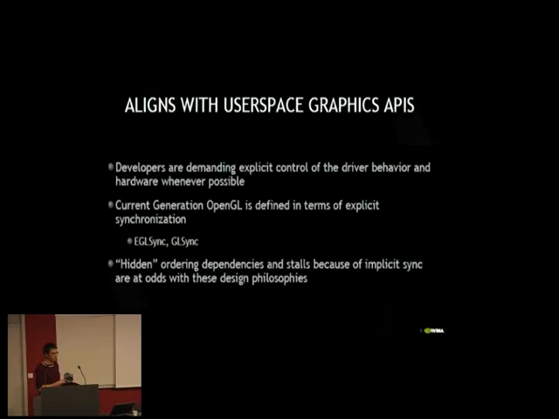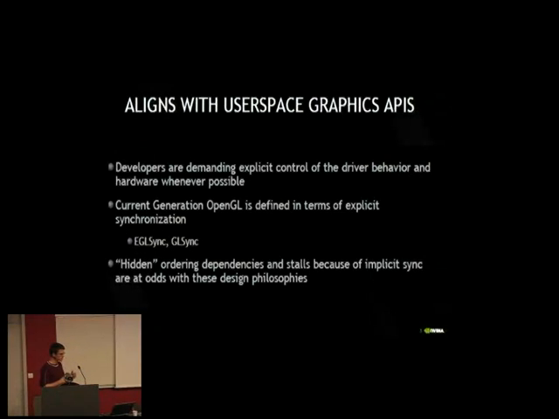And even current generation OpenGL is defined in terms of explicit sync. So OpenGL exposes the GL sync object, and EGL similarly has an EGL sync object that are basically just fences exposed through these APIs. And the API users are expected to express dependencies between different work submissions using these sync objects.